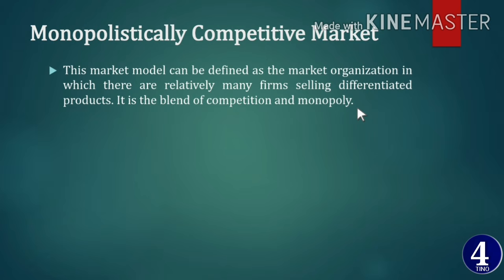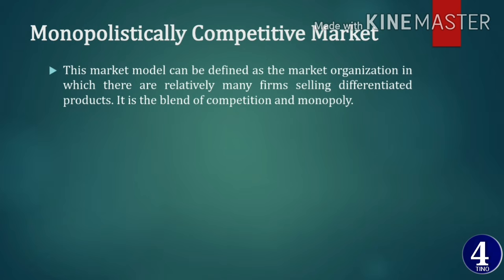By the way, an example of a monopolistic market can be restaurants, okay? Restaurants will be in the same business, but they are selling differentiated products, different foods. They are not exactly the same. They are differentiated in a sense, they are similar, but not the same, all right?